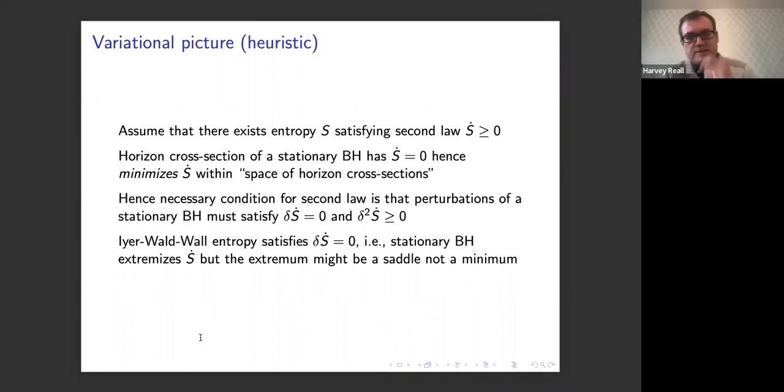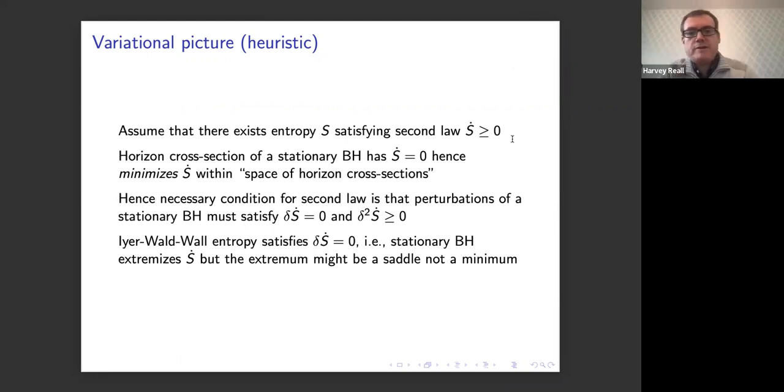Okay, so I just want to say a few words about a variational picture that we found helpful, although it's not essential for understanding what we've done. So let's assume that you have some theory which admits an entropy S satisfying the second law.